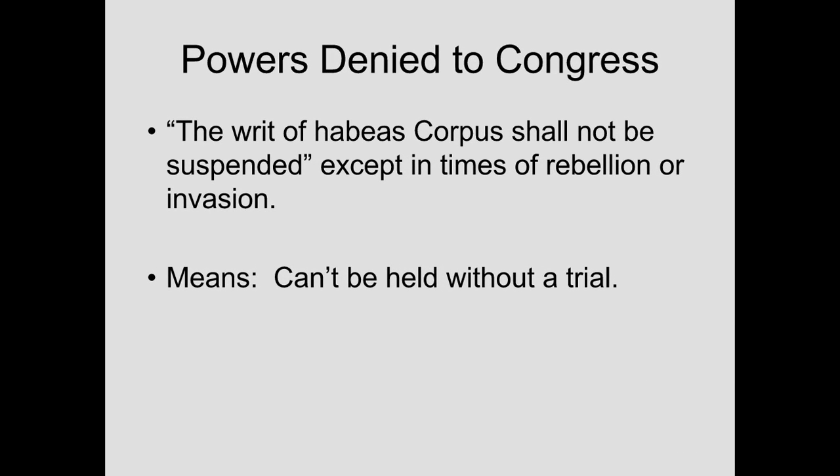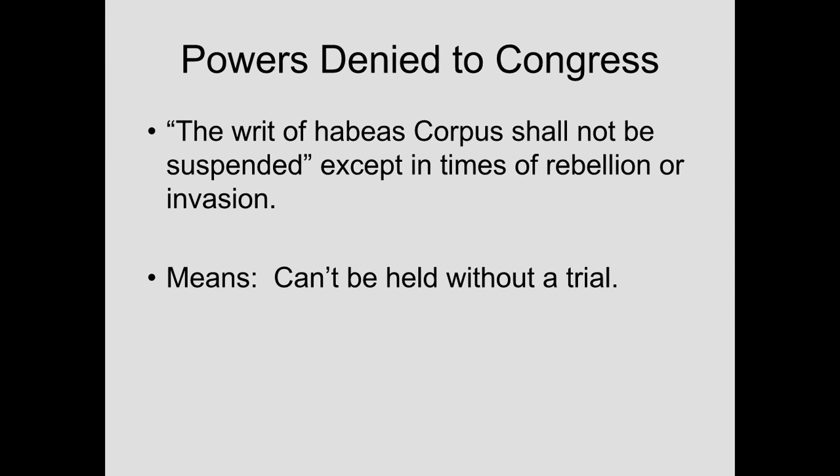The one that we see most often is this one. The writ of habeas corpus shall not be suspended except in times of rebellion or invasion. Okay, the writ of habeas corpus means that you cannot be held without a trial. We see this in criminal law quite a bit, habeas corpus hearings. But holding somebody without a trial would be a violation of the habeas corpus provision.